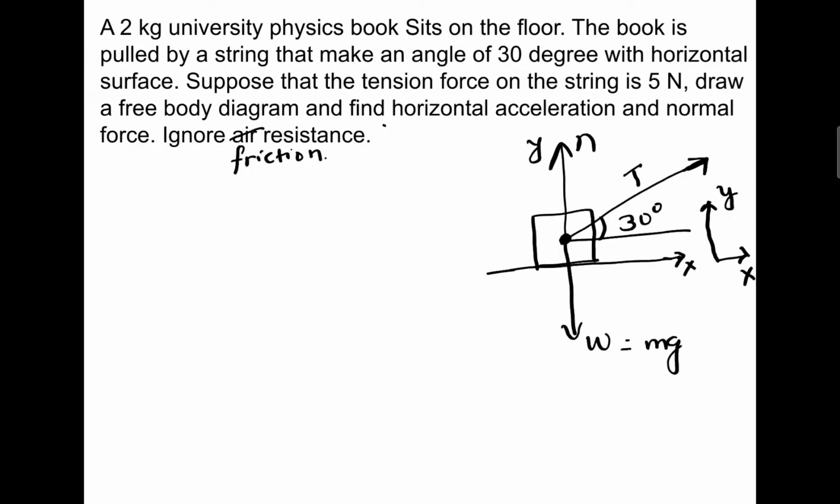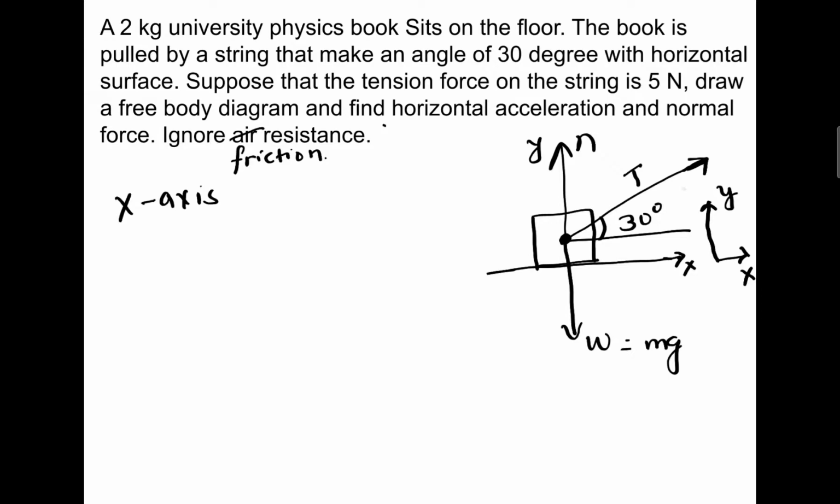What is the next step to do? The next step is to use the diagram to write Newton's second law equations along the axes, the x-axis and y-axis. Let us write down the equations, for example along the x-axis.